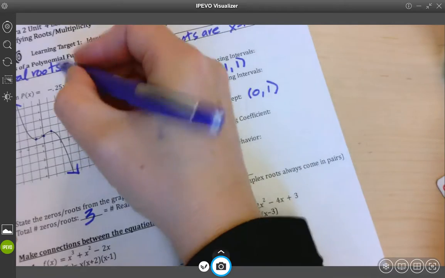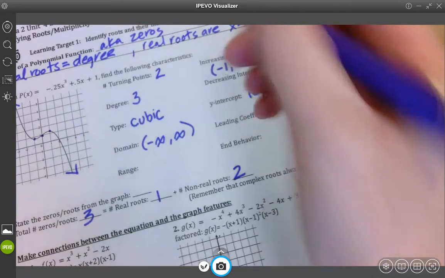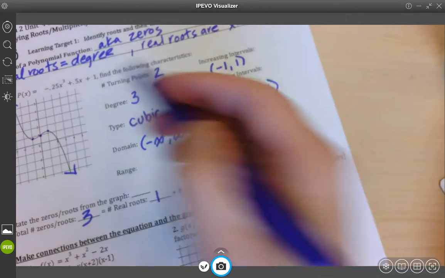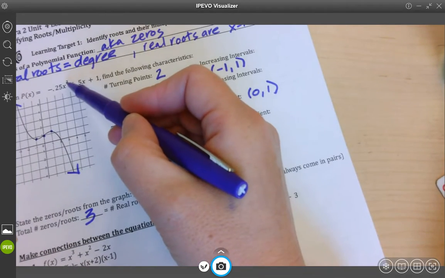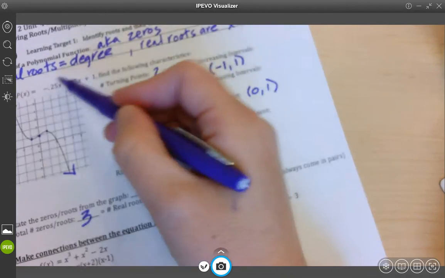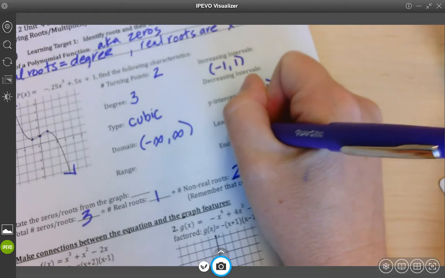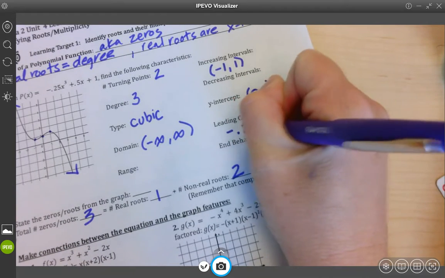Good. Leading coefficient is in front of the leading term. Remember that if it's not in standard form, you have to find your leading term because that would be the one with the biggest degree. But this is in standard form. So we're going to use that -0.25.